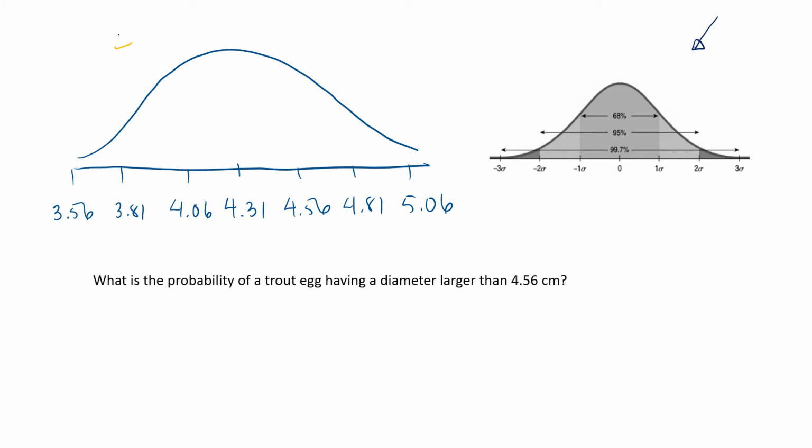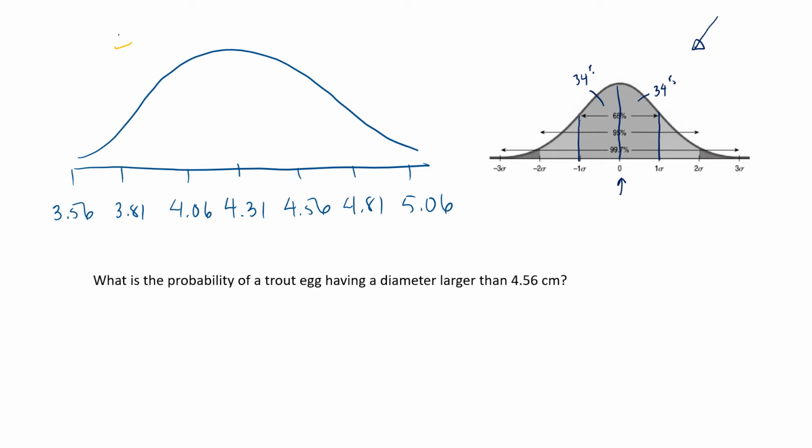So if I use the mean in the middle, and I go one standard deviation on each side, that represents 68%. Now it's going to be helpful to actually split that in half, and half of 68 is 34. So this side is 34%, and so is this one. If I go two standard deviations, it's 95%.